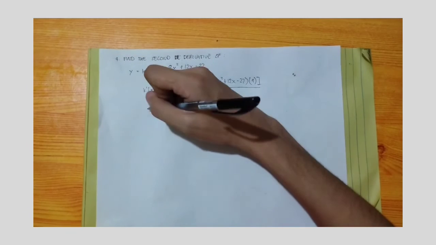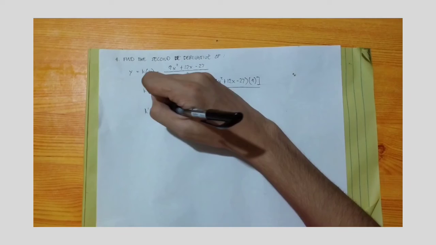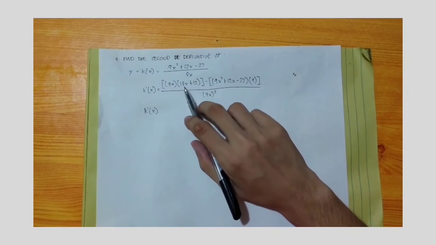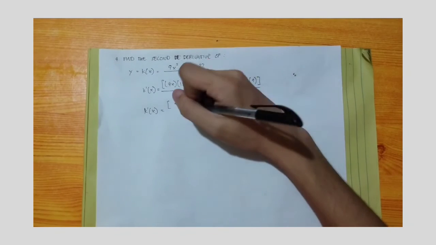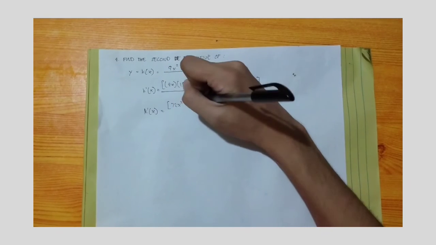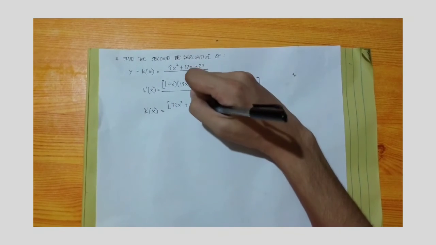So we will have k prime of x, multiply 4x by 18x plus 12, we will have 72x squared plus 48x.